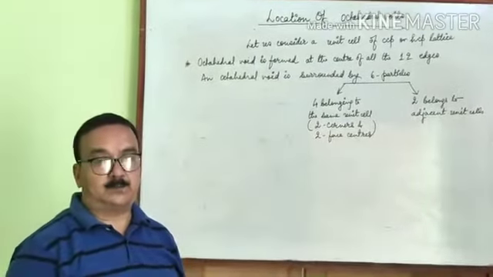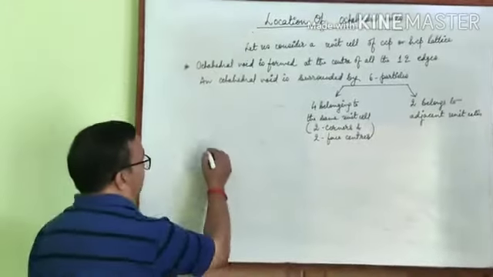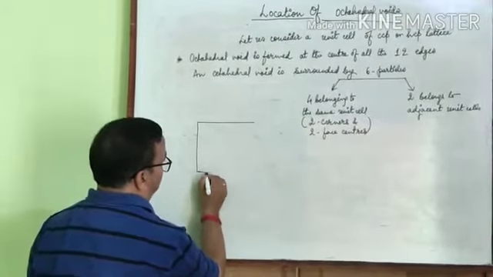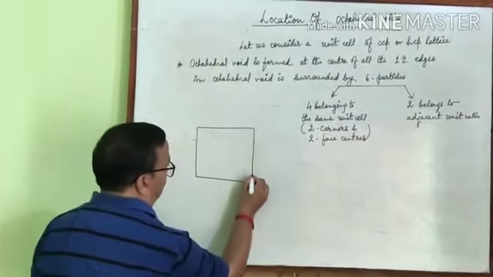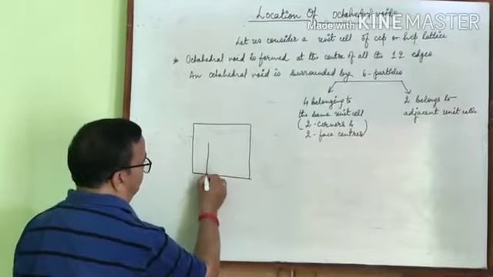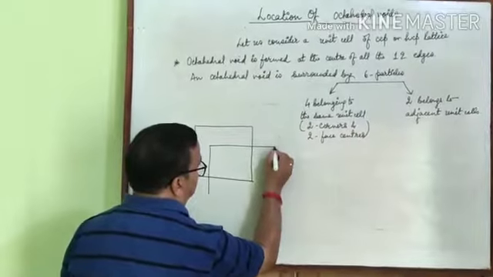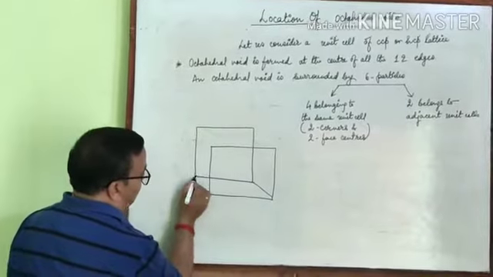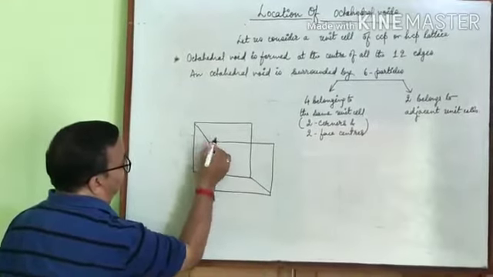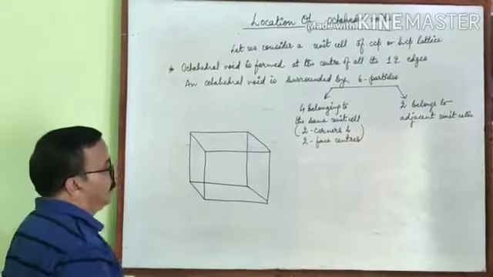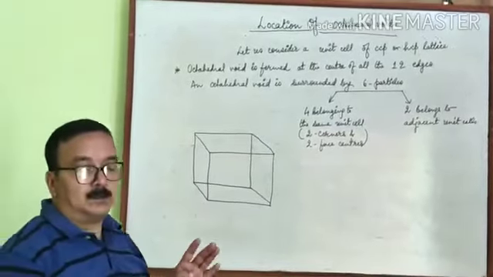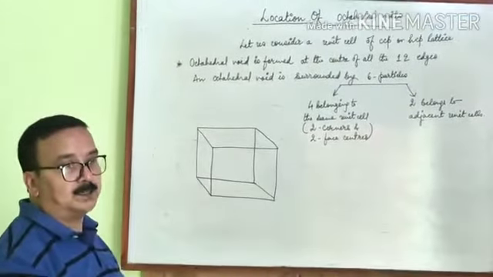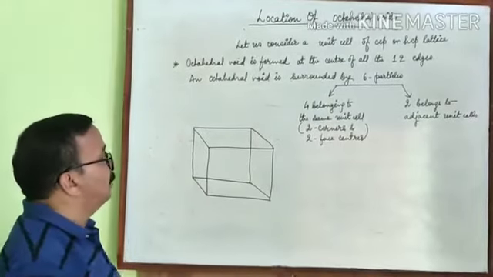To understand this one, again let us draw the structure. We are drawing the structure of a unit cell. In a unit cell altogether there are 6 faces, and we know that in the FCC lattice the constituent particles are present at the center of each face.